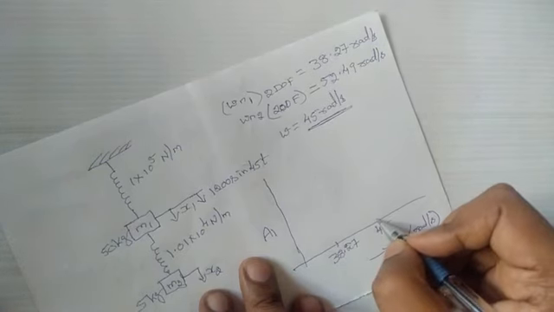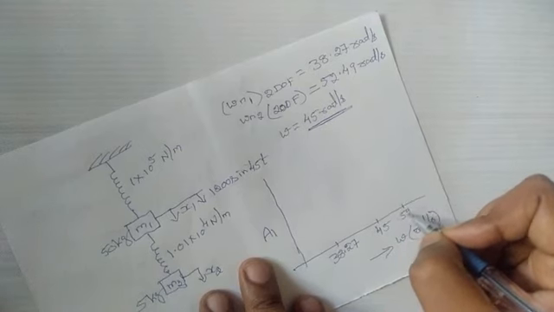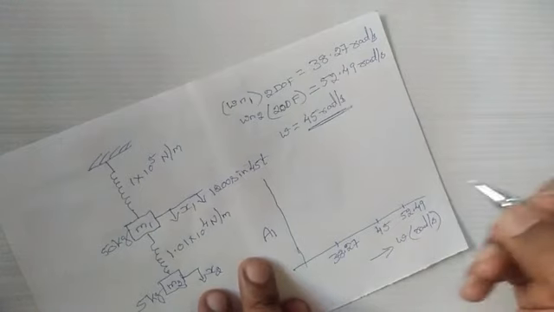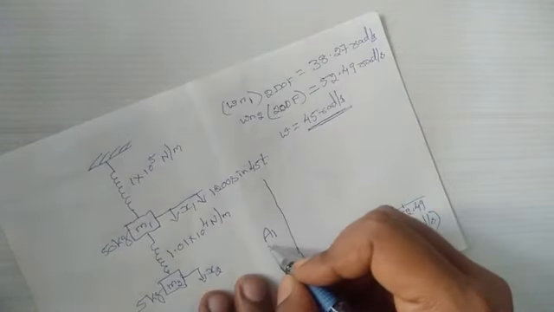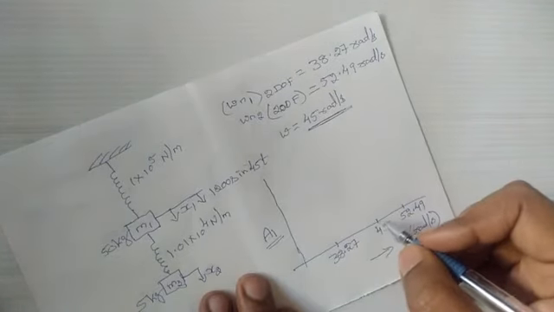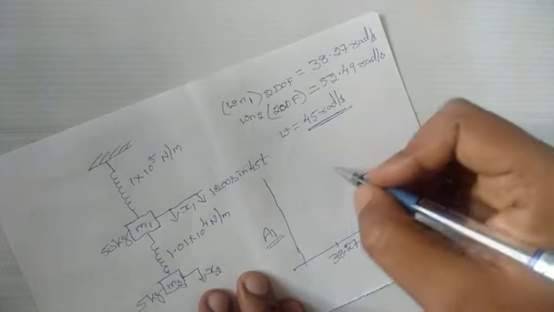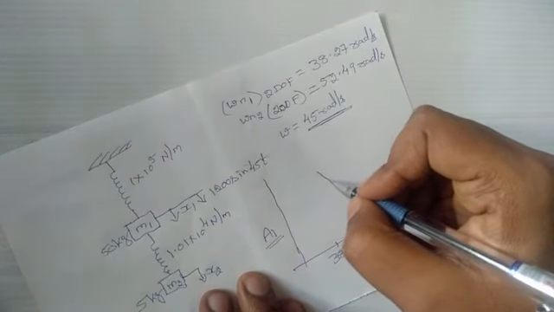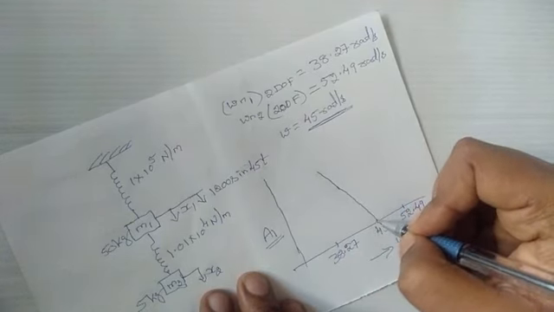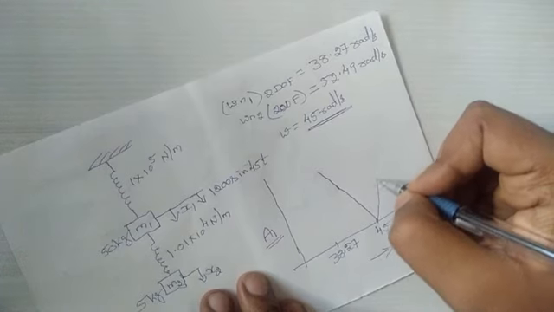So this is 38.27 and this is 45 and this is 52.49 radians per second. What it means is the amplitude of vibration of this machine is going to be 0 only at 45 radians per second. So it's going to be 0 over here.